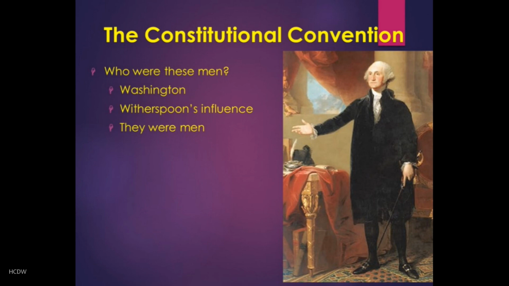As South Carolina's Pierce Butler said early on, "We must follow the example of Solon, who gave the Athenians not the best government he could devise, but the best they would receive." And so again, the outcome of this convention, the Constitution, didn't necessarily have to be perfect in every way, but it had to be something that was good enough that would be accepted by the bulk of the American people.